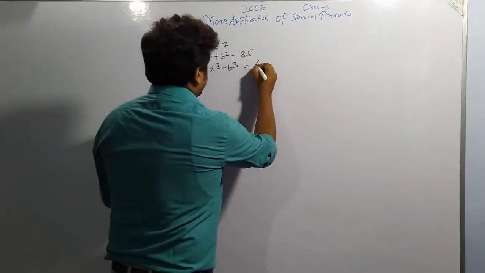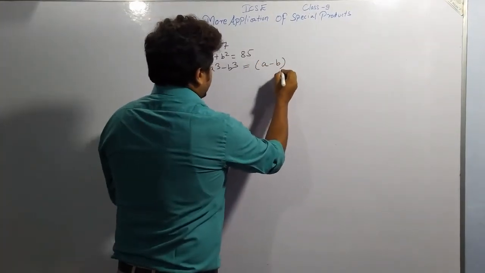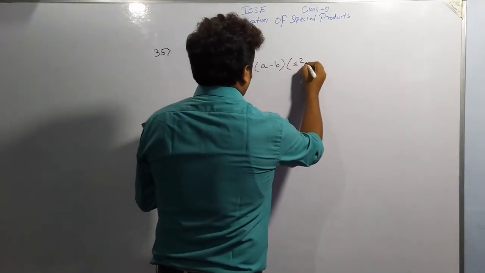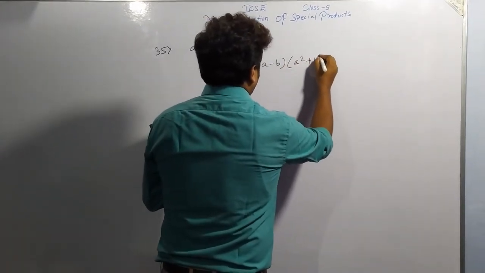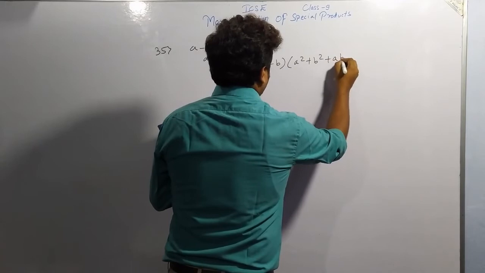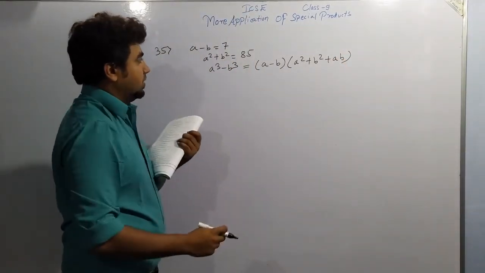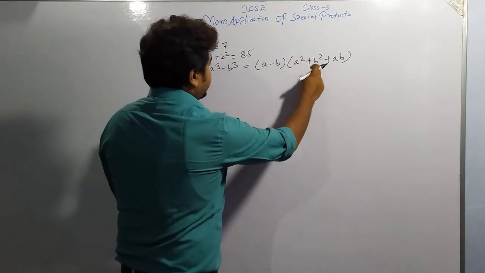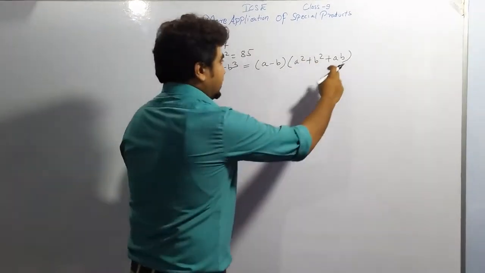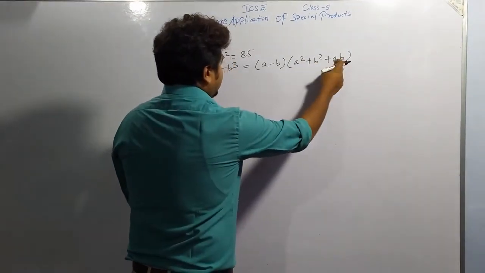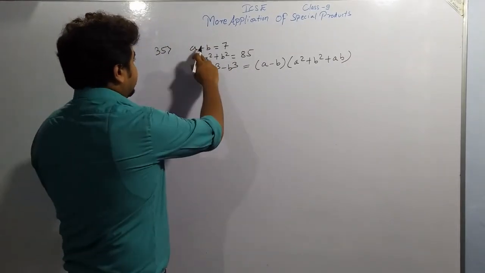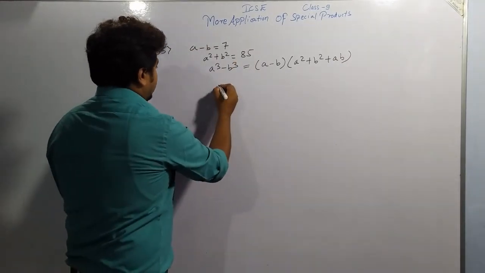Now this is A minus B into A square plus B square plus AB. So this value we have to find. Now A minus B is given. We know A square plus B square, but one thing is we are not knowing the value of AB. So we'll be finding it from A minus B whole square.